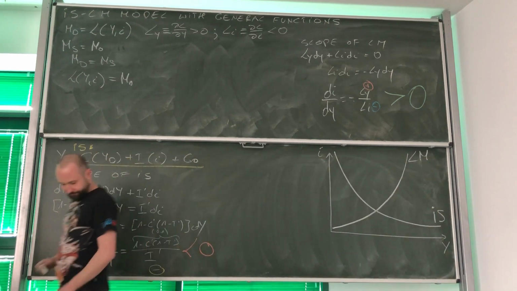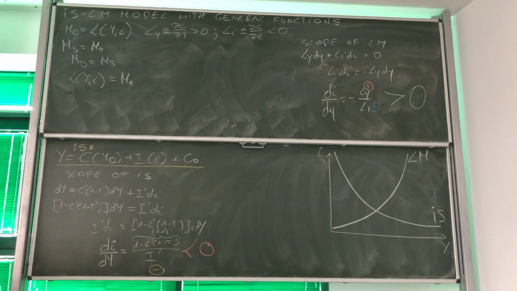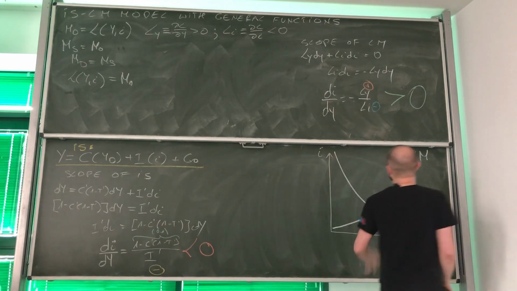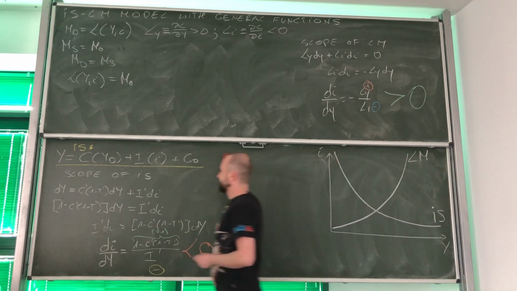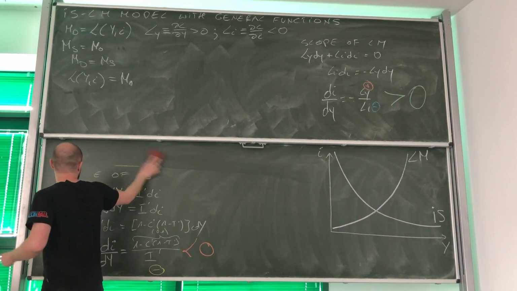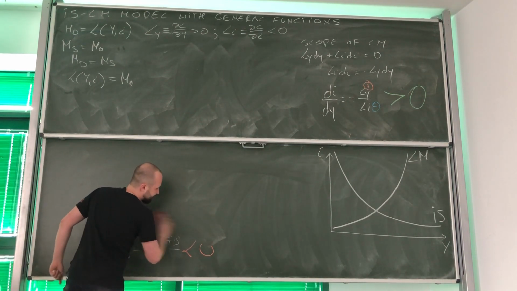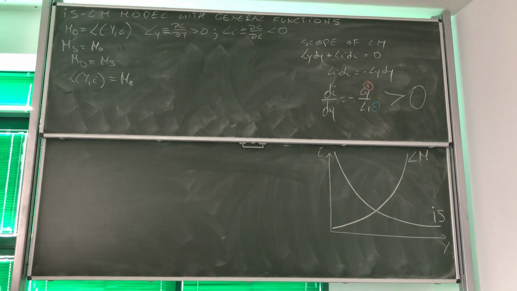Okay, so now that we finished with the basics, we know how IS comes about, how LM comes about. Let's get into actually finding comparative static derivatives of this model. Okay, and look, we start just like we started before.